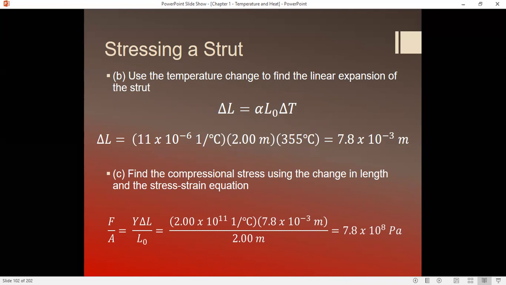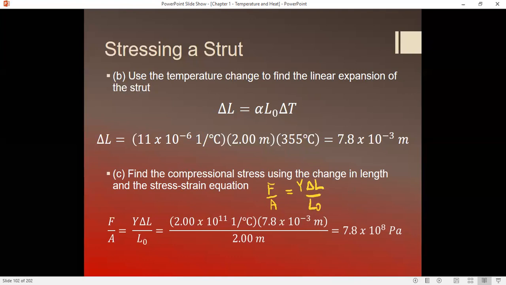All right, how do you find the internal stress? We got to use an equation that we probably talked about very, very briefly. Okay? It's that force over the area, the amount of stress is equal to Young's modulus times the change in length divided by the original length.